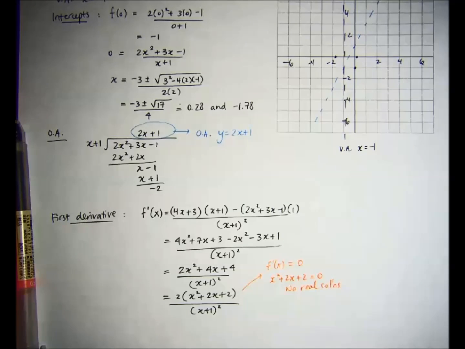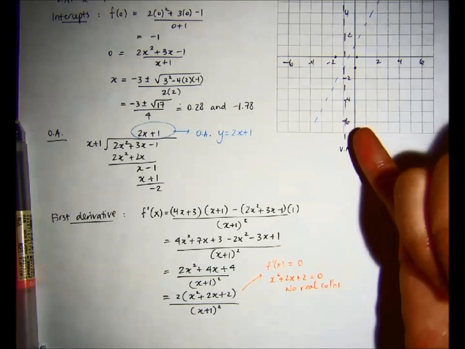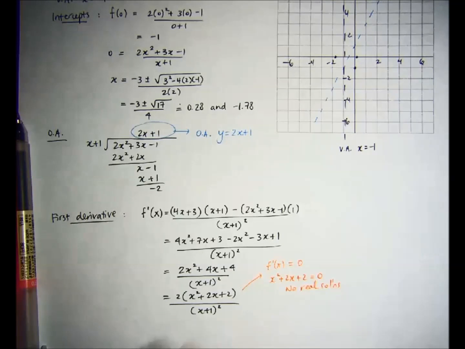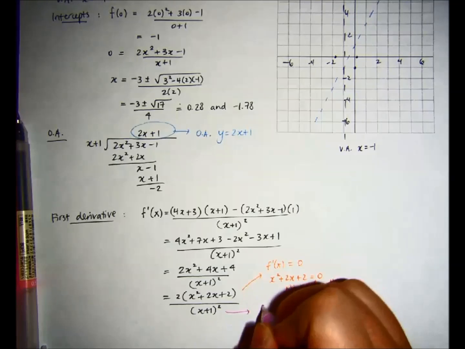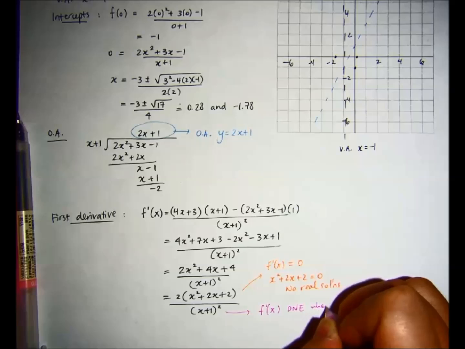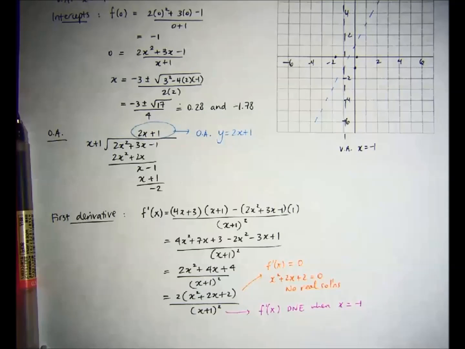Okay. So in fact, the only possible point where the function changes from increasing to decreasing is at your vertical asymptote, because that's where the derivative also does not exist.